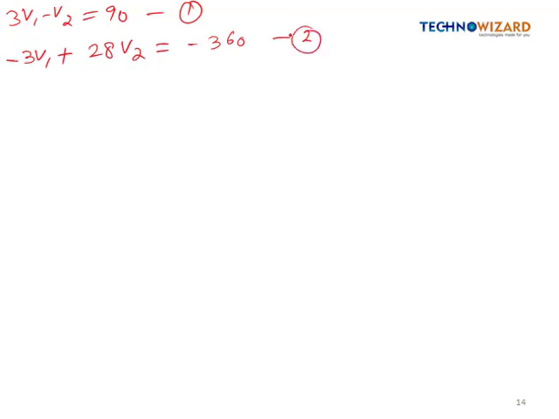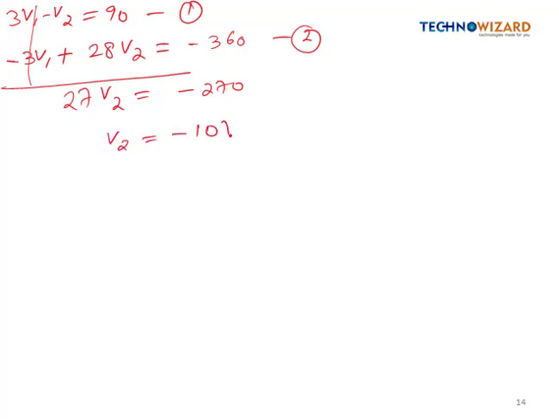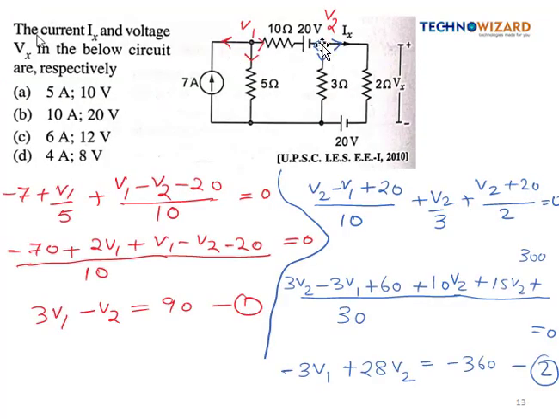Now add both the equations, so it will be 27V2 is equal to minus 270. So V2 value is coming as minus 10 volt, and in the question we have calculated the value of V2.